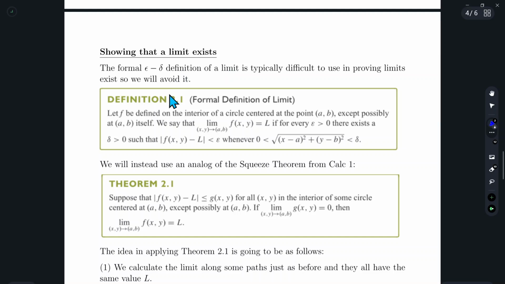So first of all, the actual formal definition of a limit is shown here in definition 2.1.